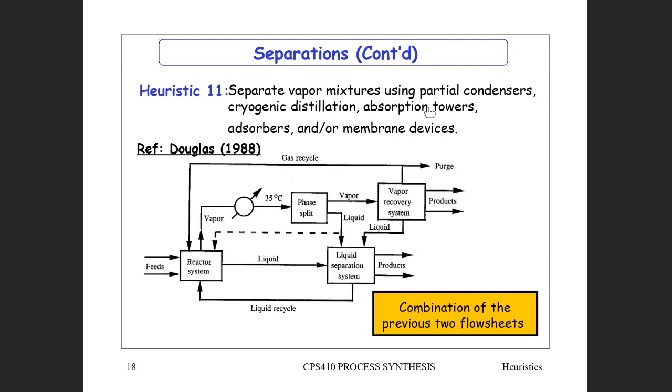Because the boiling point of those things is so low that you can't, even with cryogenic distillation, you're talking of minus 80 degrees C just to condense out CO2, I think. So it becomes practically very difficult. How do you get your utility at that temperature?